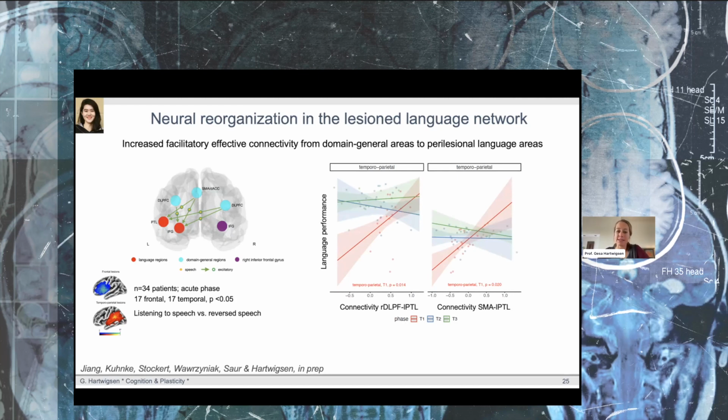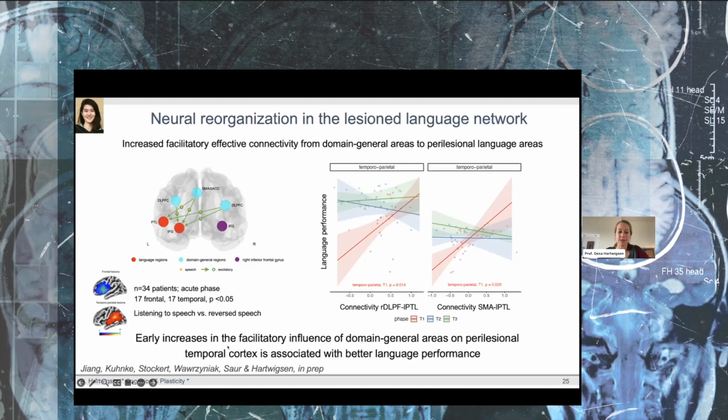But we see that selectively in patients with temporoparietal stroke, an early increase in the connectivity from domain general multiple demand cortex regions to the language area, namely the PTL, is associated with better preserved performance. So it seems that early increases in the facilitatory influence of domain general areas on perilesional temporal cortex, so on the preserved temporal cortex, is associated with better language performance.